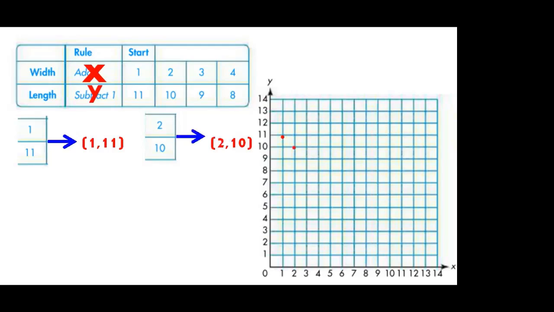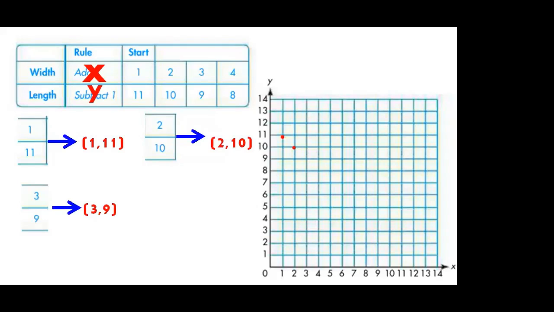And here is the point represented on the grid directly, 2 and 10. Okay. Now the third one, 3 over 9, or 3 width and 9 length. Okay. 3 over 9 will be 3 and 9, not 9 and 3. Take care, that will be incorrect. Okay. Don't do that.